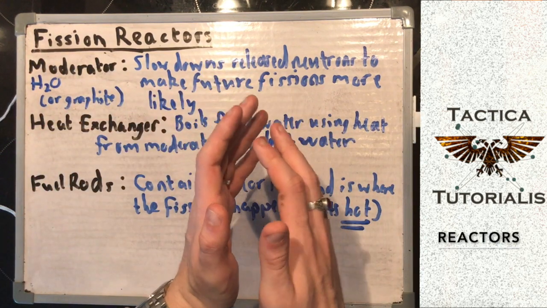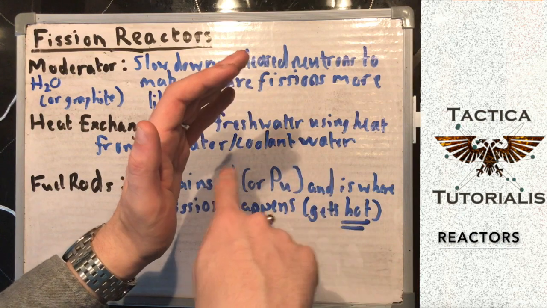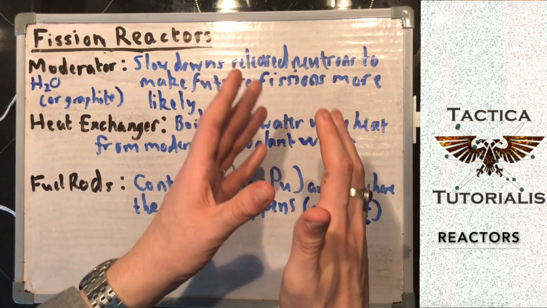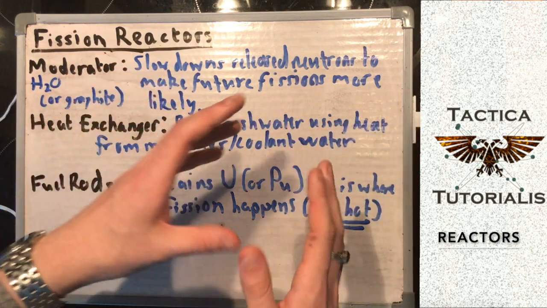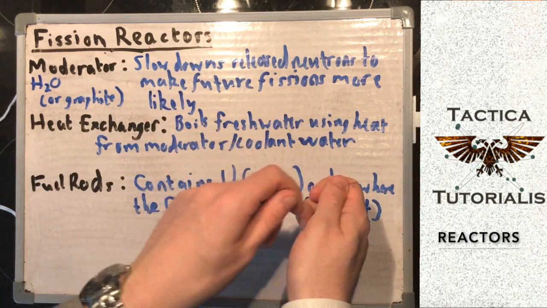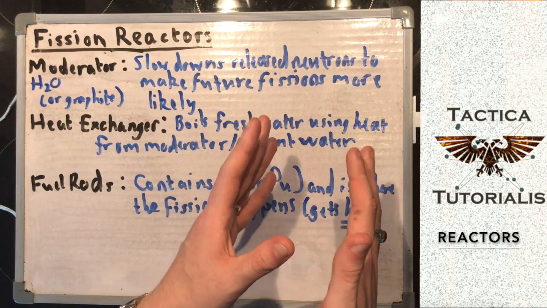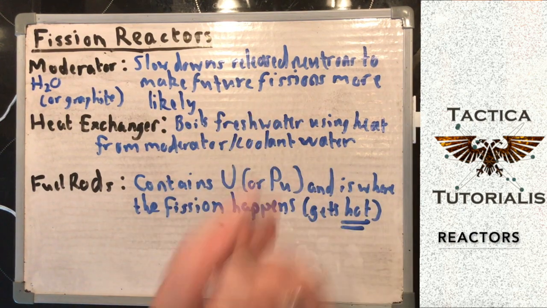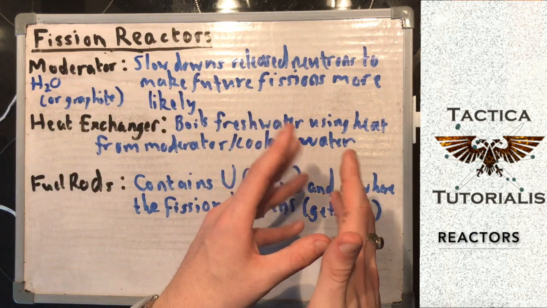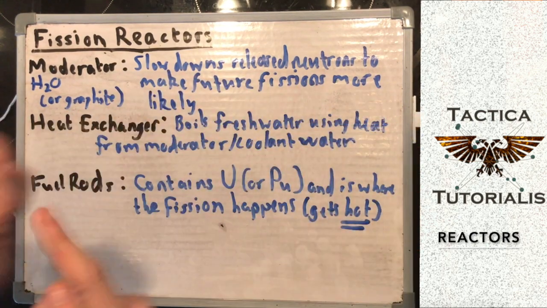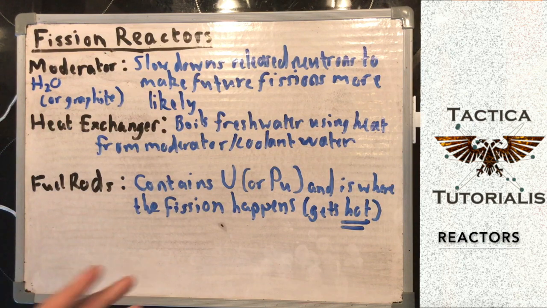Inside the heat exchanger is another set of pipes. Well, one big pipe really, that comes in and out again from the reactor. You pump water into that pipe, and that water has never seen any radiation in its life. It's fresh as a daisy. So it comes in, it gets hot, it boils into steam, and that steam goes racing off into the rest of the power station to drive the turbine and the dynamo.